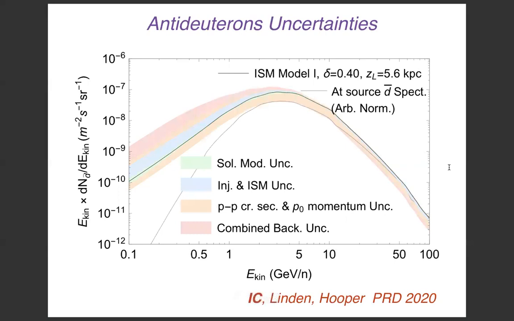Basically, when it comes to these heavier antinuclei, we repeat the same process. Here we saw the example for antideuterons and the spectrum of antideuterons and how its measurement is sensitive to the various types of uncertainties: solar modulation, injection and propagation through the interstellar medium, the production cross-section uncertainties, and the exact choices we make on the coalescence momentum.